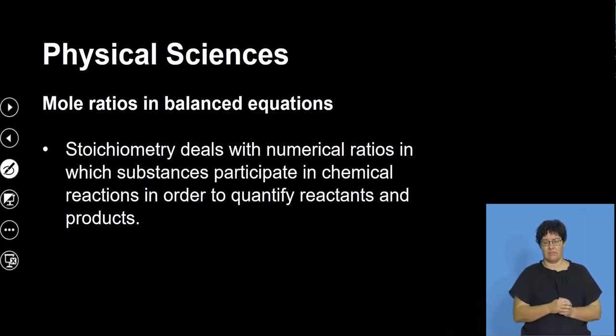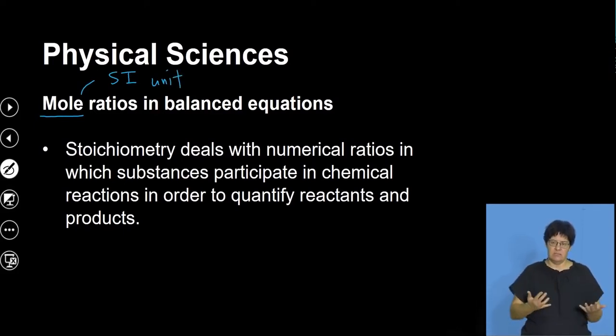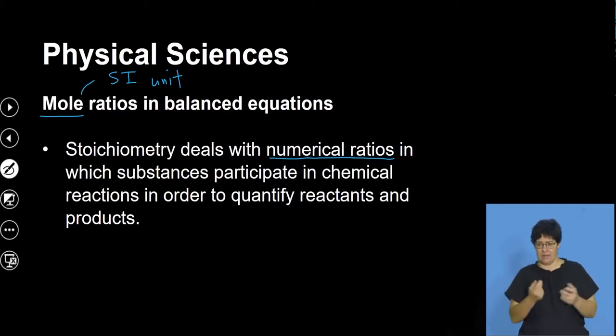Now let's talk about something that we already know by this point: the mole ratios in balanced equations. Everything is about the mole, which is the SI unit of quantity of matter. In terms of quantitative aspects of a reaction, we talk about the mole ratios. A balanced equation of reaction tells us the stoichiometric ratio in which substances react with each other. For us to quantify reactants and products, we have to draw our attention to the balanced equation of reaction, which has a lot to do with the law of conservation of mass.